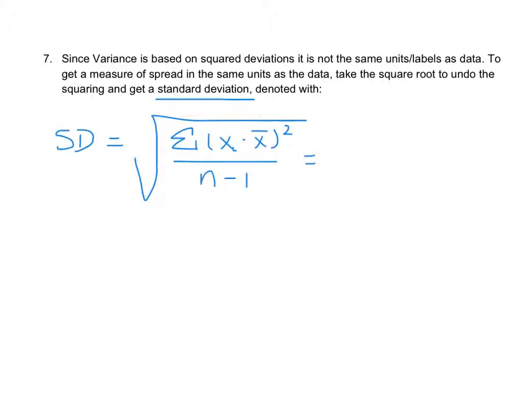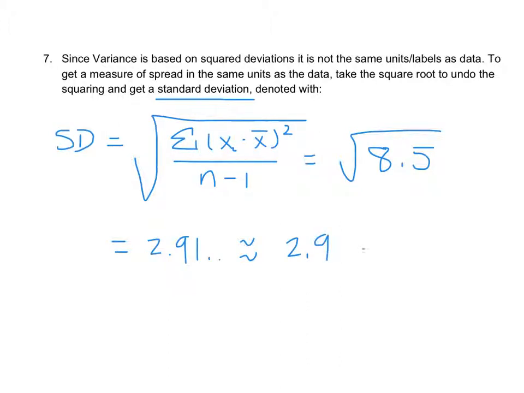So in our case, we take the square root of 8.5, that's the variance that we found, and it's equal to 2.91, and then that continues, and if we round to 1 decimal place, we have approximately 2.9. And because now we have taken the square root, we can put the same label on that value as our original data values.